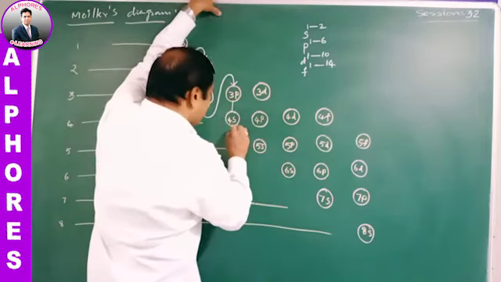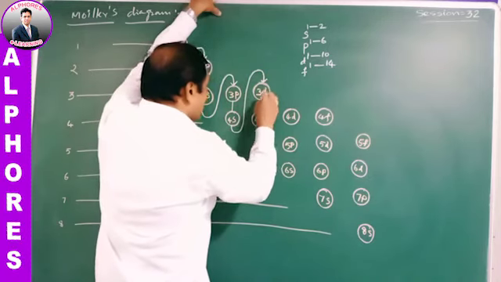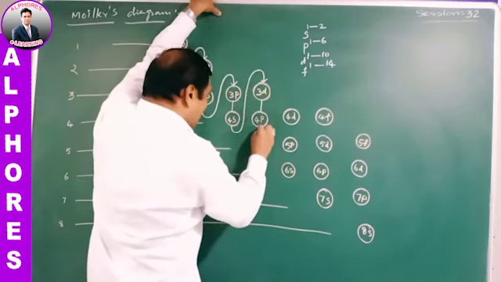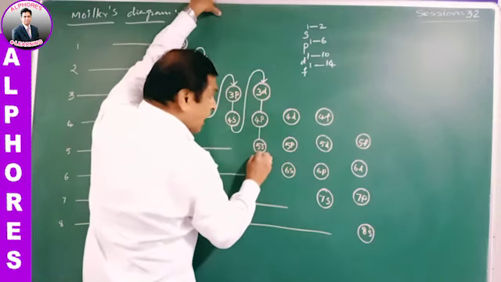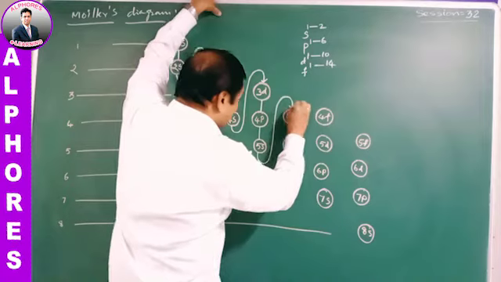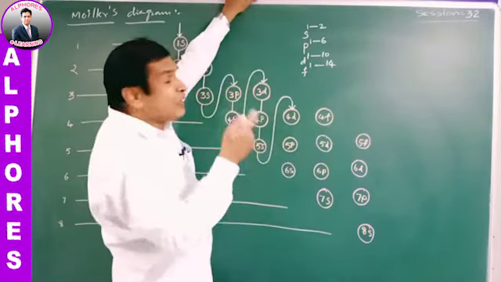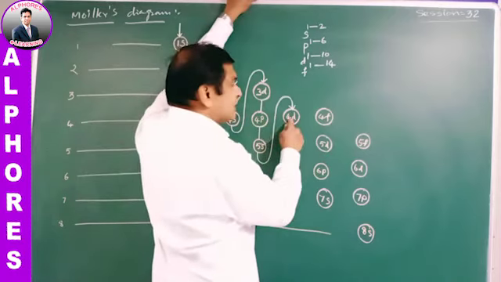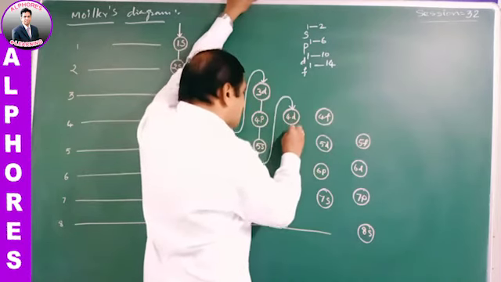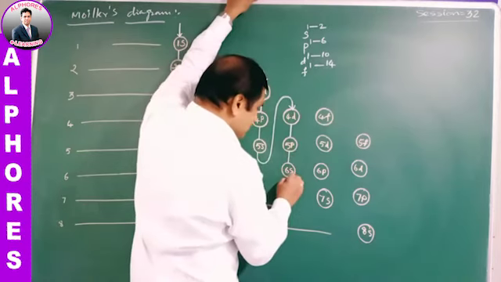After filling 4s, the next electron goes into 3d, then 4p, and then 5s. After filling 5s with 2 electrons, then 4d, completely filled with 10 electrons. Then the next electrons go into 5p, filled with 6 electrons, then 6s.